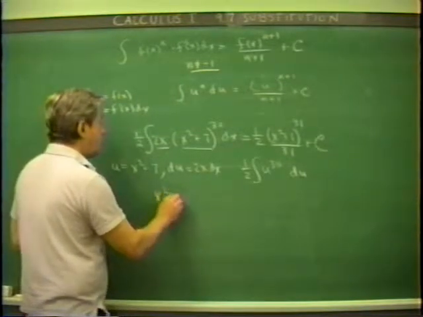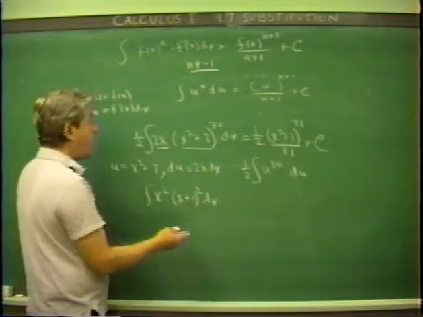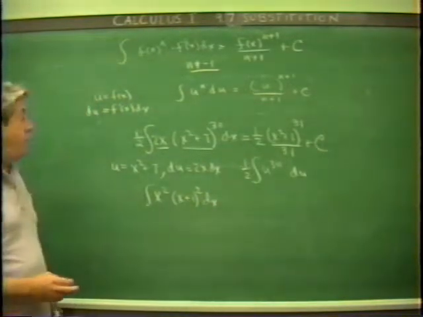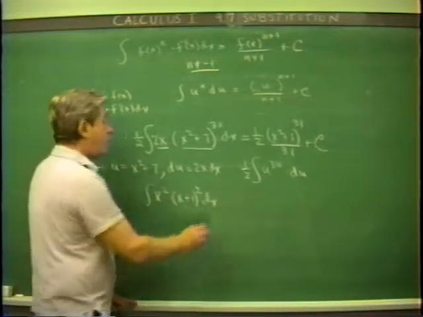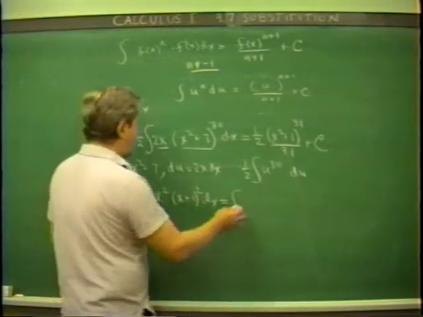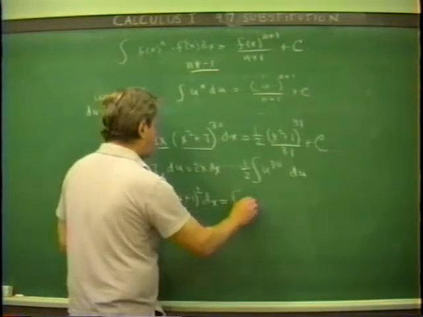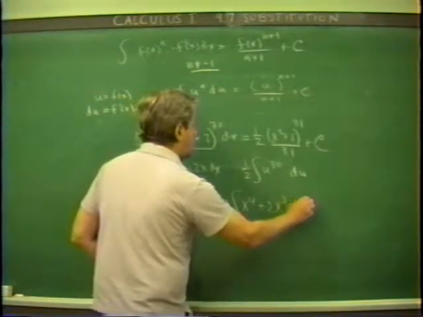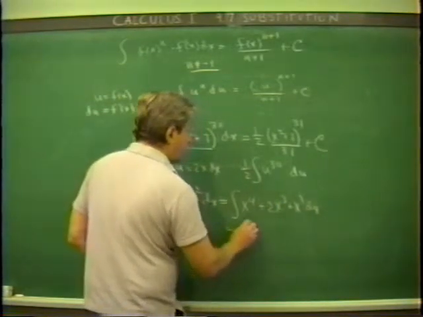In some cases, your best bet is to just multiply things out. That's to say, if you had something like x squared times x plus 1 squared, and you want the antiderivative of this with respect to x, substituting around here is not going to get you anything. You're not looking at f prime of x times f of x to a power. Your best bet with this is to just write this, multiplying the x plus 1 squared out. You're going to get x squared times x squared is x to the 4th plus 2x cubed plus x squared dx.